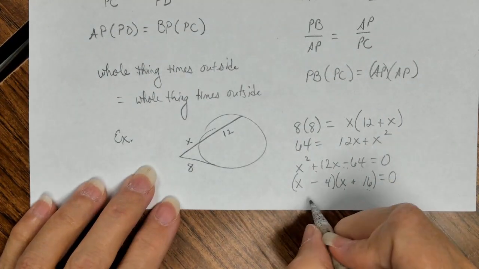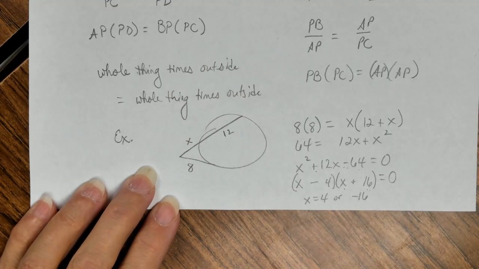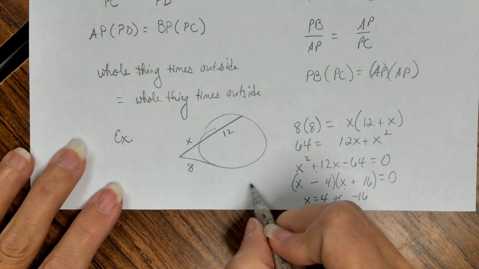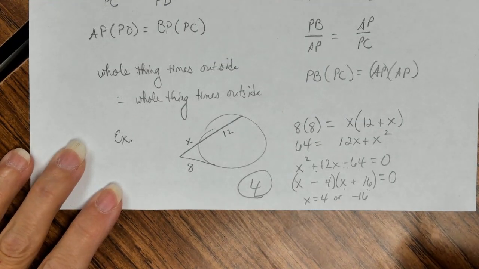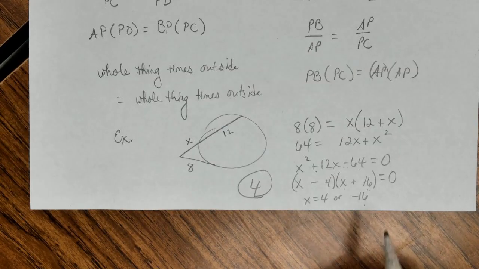And this is telling me x is either 4 or negative 16. We're talking about the length of a segment. It's not going to be negative, so x is 4. Okay? Can't be negative for this kind of problem because it's the length of a segment. That's that. I hope you have so much fun with these.